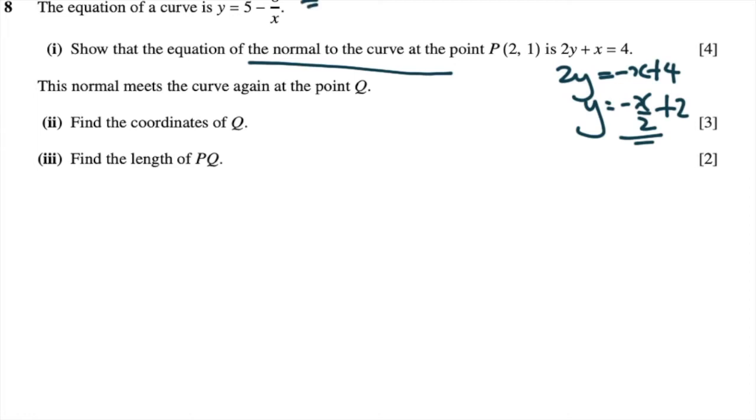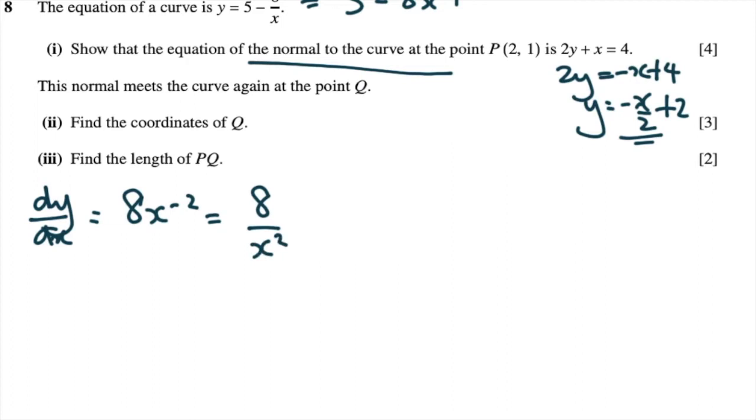So y equals 5 minus 8x to the power of negative 1. Now differentiate that. So dy over dx equals positive 8x to the power of negative 2, which is the same as 8 over x squared.